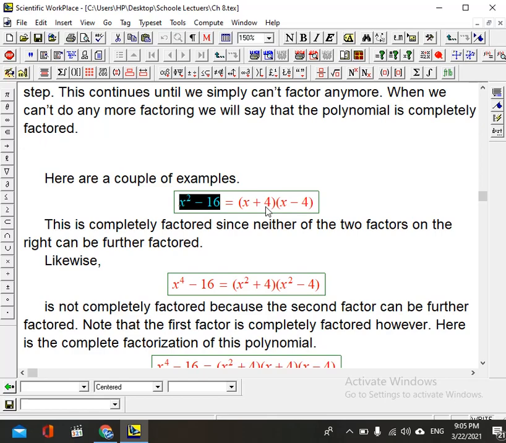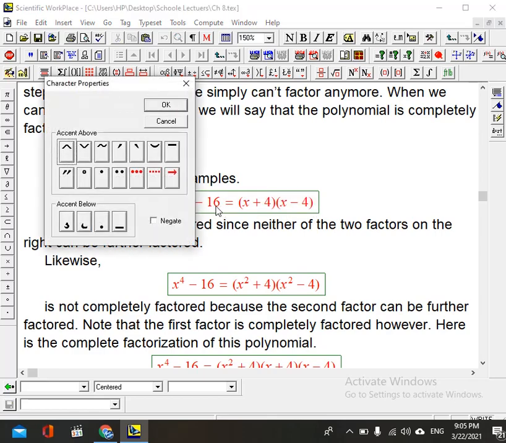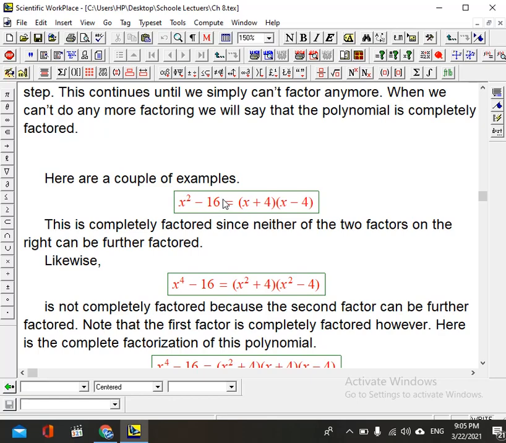This is called the difference of two squares formula, but this is not our lesson today. I will come to it later. Here, as an example, is the meaning of factorizing polynomials. So x squared minus 16 can be factorized to be x plus 4 and x minus 4 multiplied together.